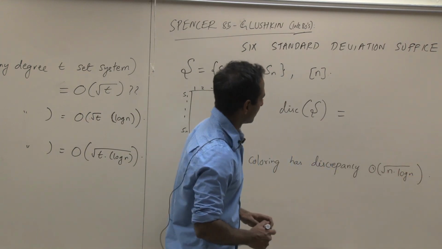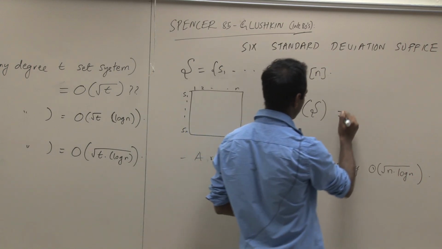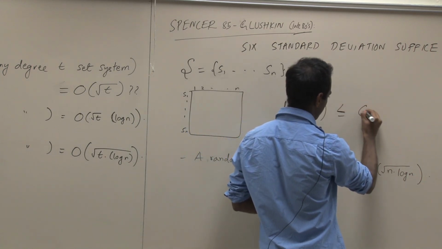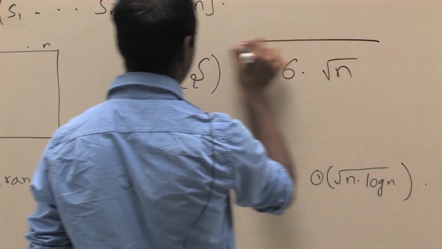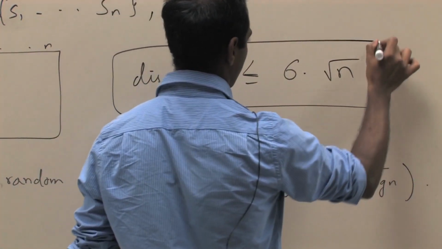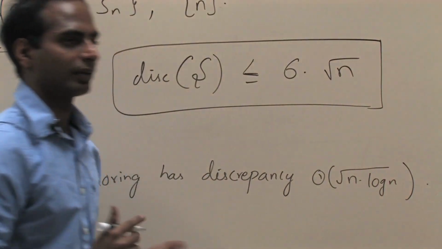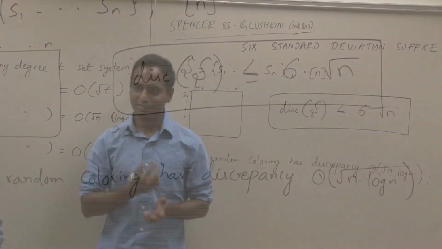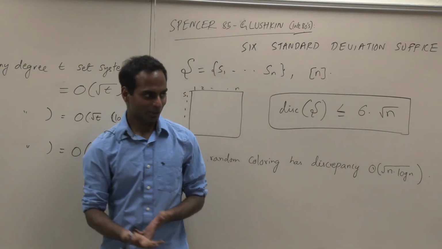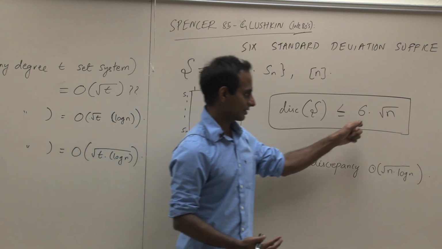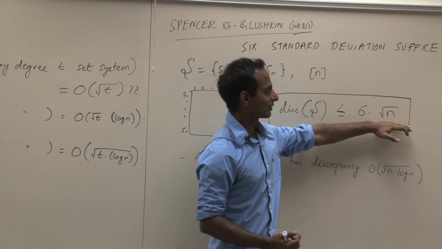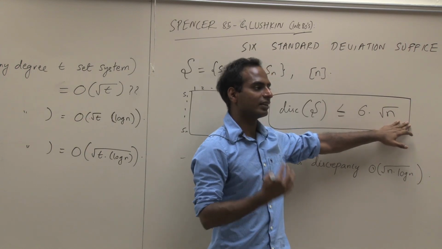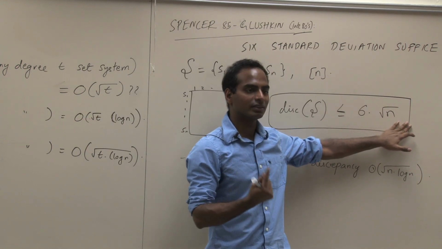Okay. But Spencer actually showed that the discrepancy is less than or equal to 6 times square root of n. And it's called the 6 standard deviations suffice theorem because there is a 6 here, as you can guess, and square root n is actually the standard deviation of a single random coloring.